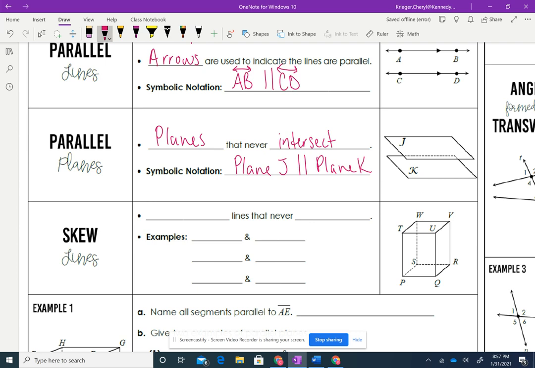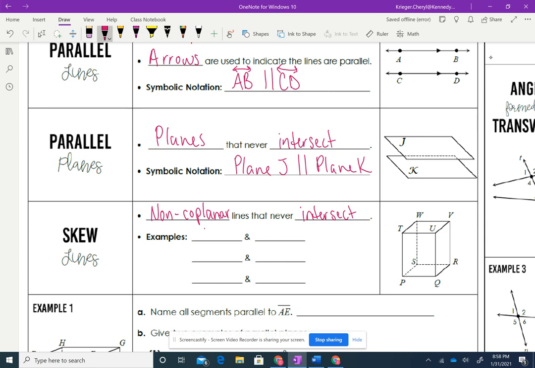And skew lines were introduced last week on Thursday in the scavenger hunt, if you chose that activity. Skew lines are non-coplanar lines that never intersect. An example would be, well, I'll just show you.